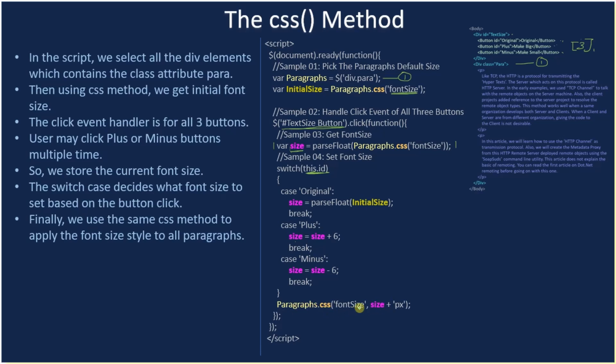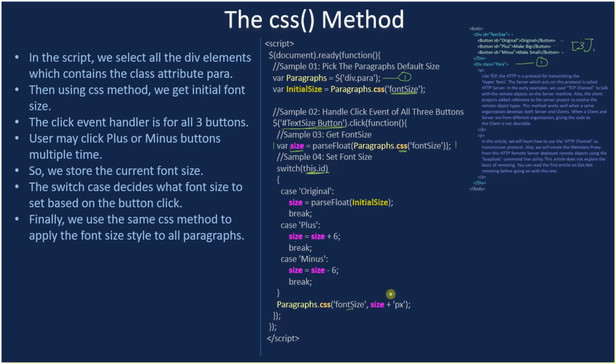And if you look here, we are using the second overloaded version of CSS. Here, if you see, we used the first overload. We just specify the CSS style and we retrieved the value, right? Font size we retrieved. Here we are setting the font size. Paragraph.css, the style is font size and the value is the size, whatever we calculated, right?